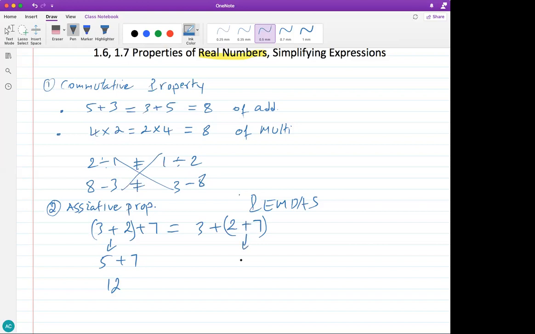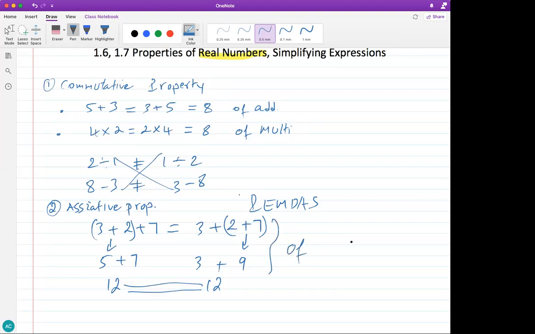So if we do this first, we end up with 9 plus 3, which is 12. As you can see, we get the same result, even though we did this a little differently. Here we associated these two, that's why it's called associative. Associated these two, then added to 7. Here we associate these two and add the 3. So that's what we call the associative property.